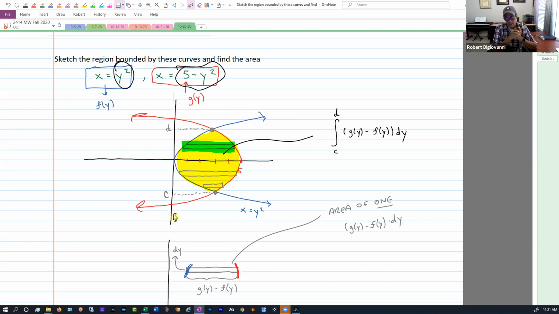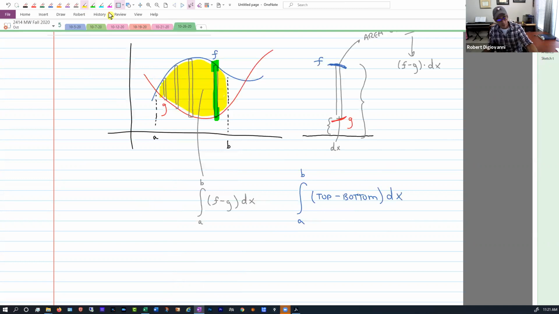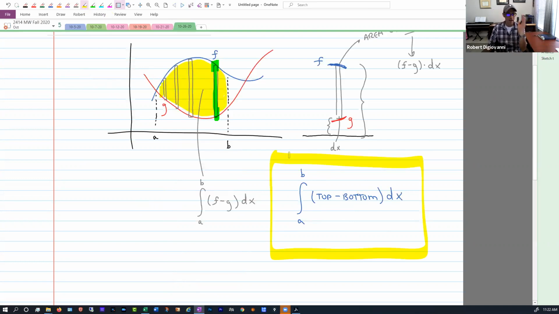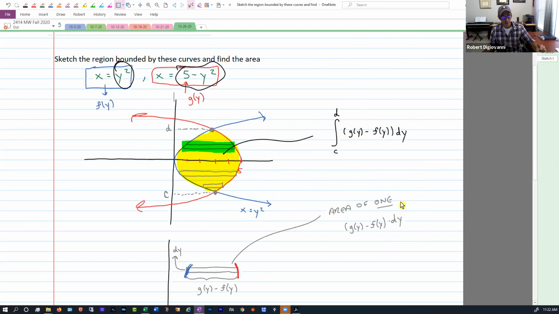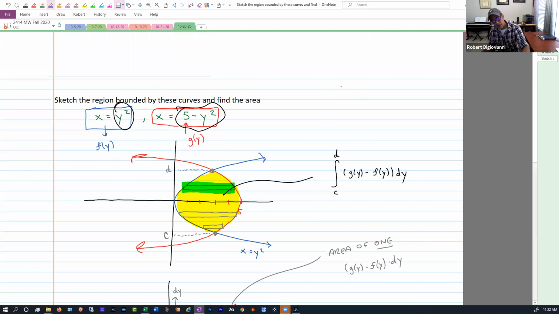Okay, now I like that formula, but just like I said before, I really like this formula as the one to remember for the case where we have functions of x and we're doing vertical rectangles. So to give you something similar for this, I would say integral from c to d, then it'll always be the function on the right minus the function on the left, dy.